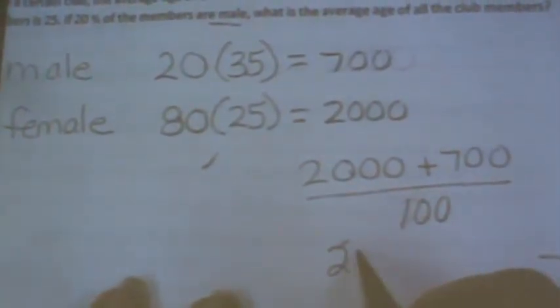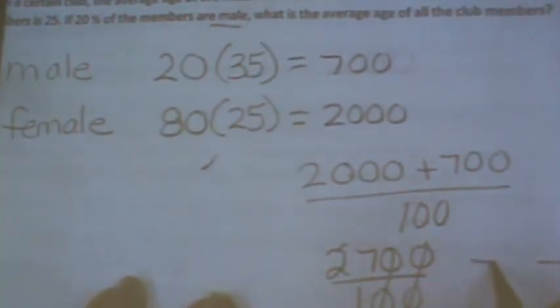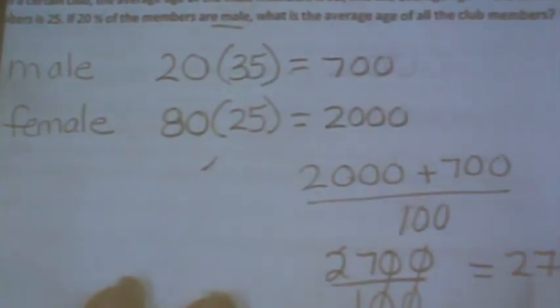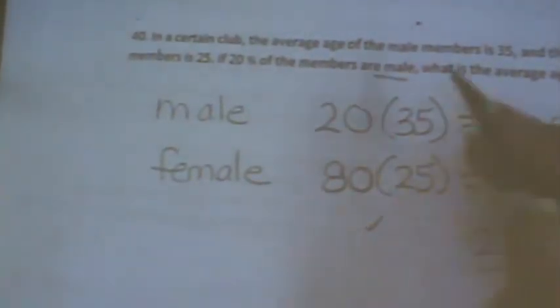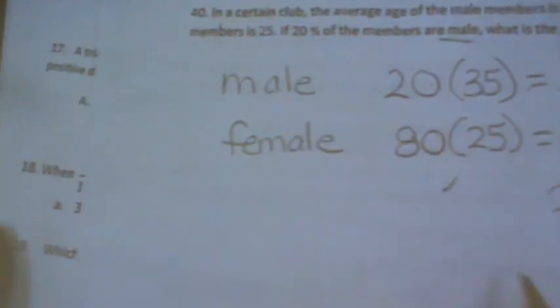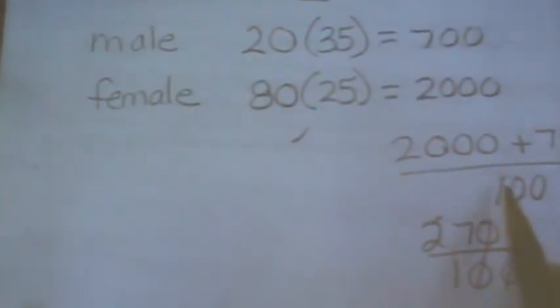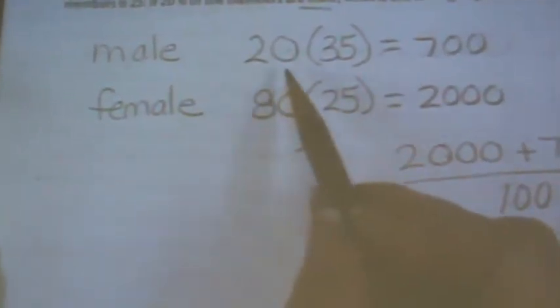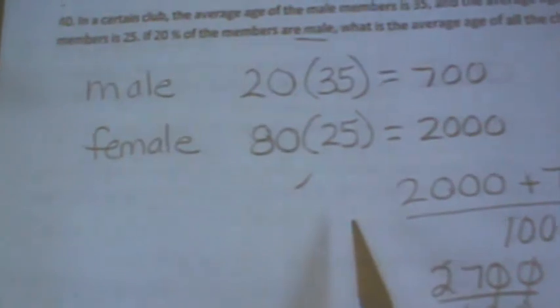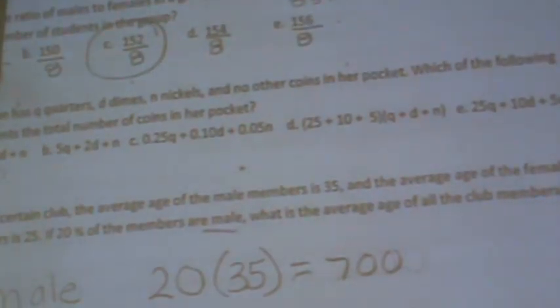So 2,700 divided by 100, what's the average age? 27. Now, you could do it with any numbers. I could have used 1 and 4, and then this number would have been a 5. So I picked 100 people, but you want to make sure that you weight them correctly. 20% are male, 80% are female. We are done with this review.